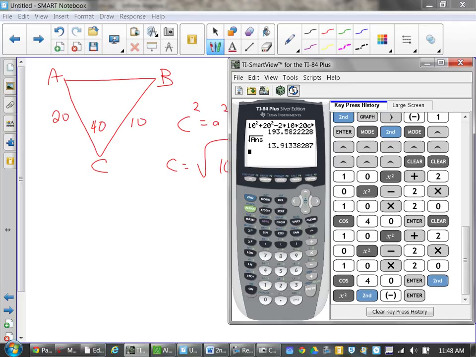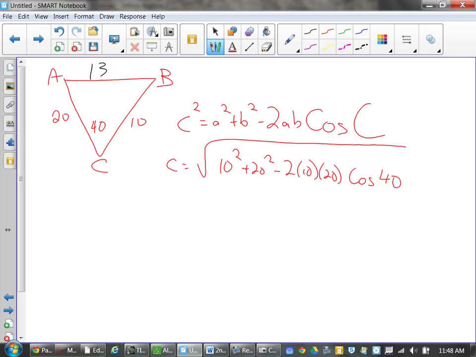So I'm getting a side c of 19.31, or 13.91 for those of you that are not dyslexic. All right, now it's going to force you to use law of sines to find the next angle. Hold on, guys.